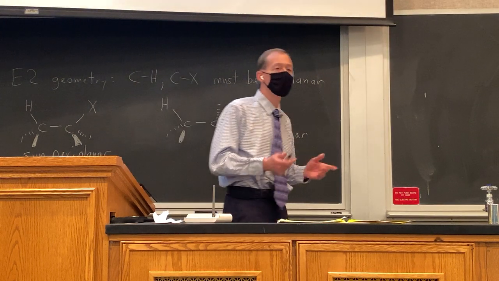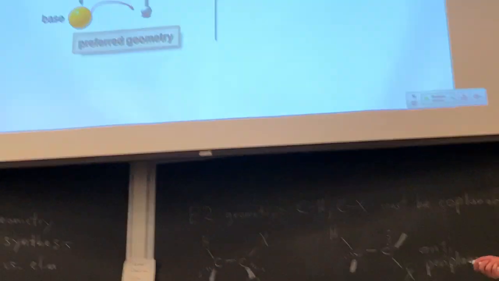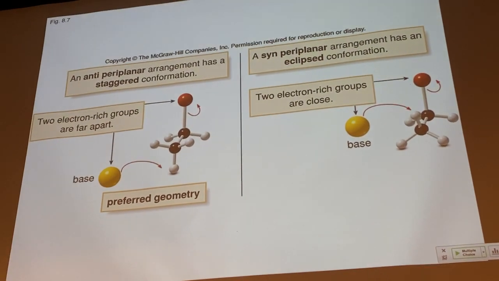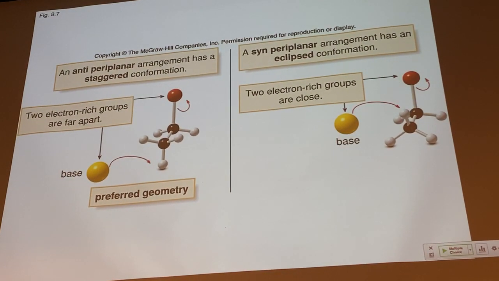There's another reason for this preference that is shown on this figure. Our base is electron rich, and our leaving group is electron rich. And if we performed an E2 reaction from a syn-periplanar conformation, we would have to bring our electron-rich base close in space to our electron-rich leaving group. And there would be electrostatic repulsion there.